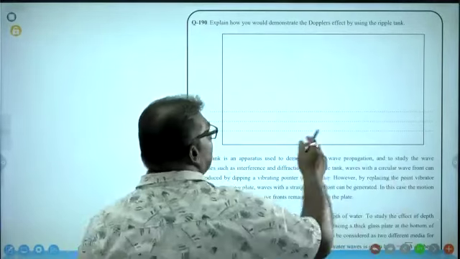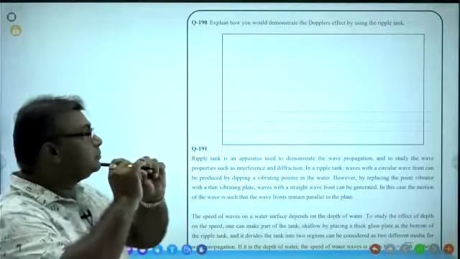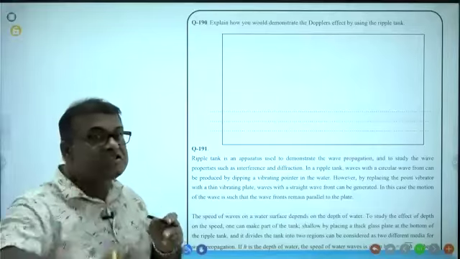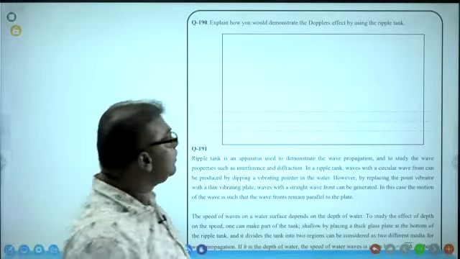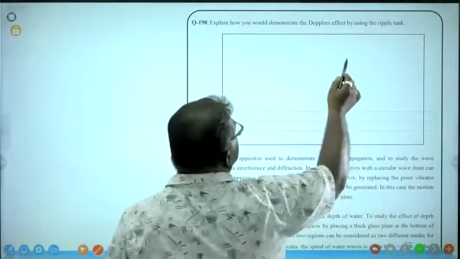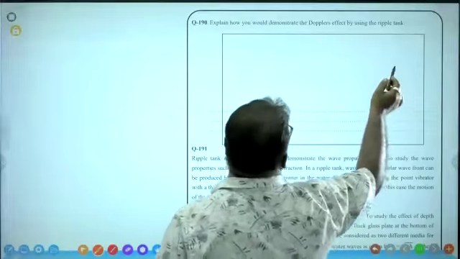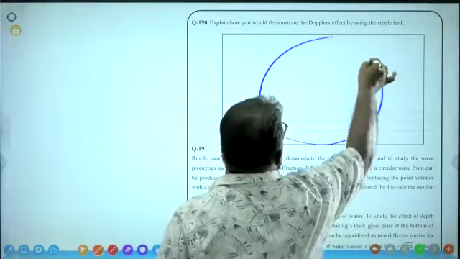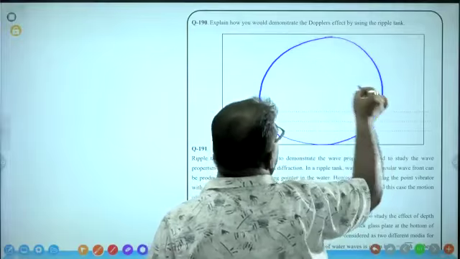How? When the source is moving towards right side, towards the moving direction, wave fronts are bunching, no? Closing, yes. Wave fronts are closing like this. They are circular wave fronts, right?